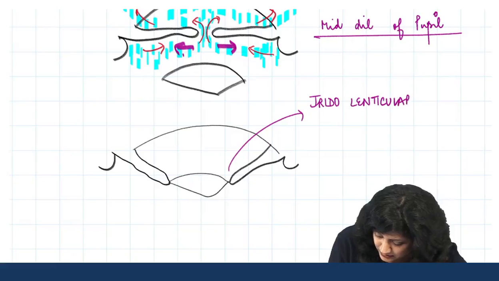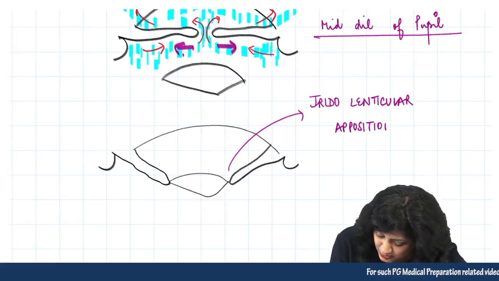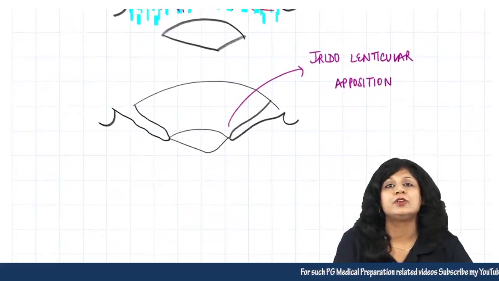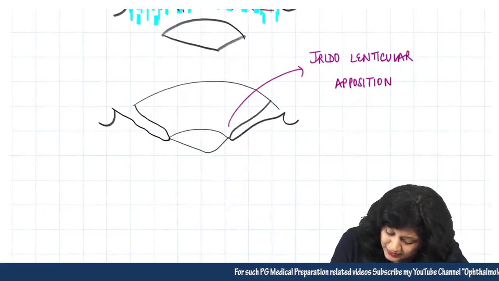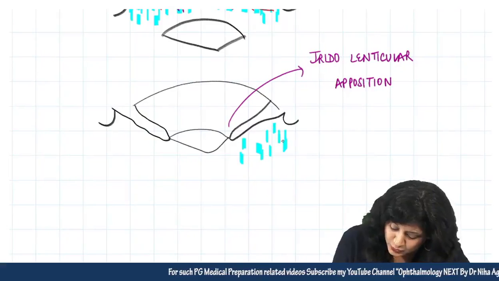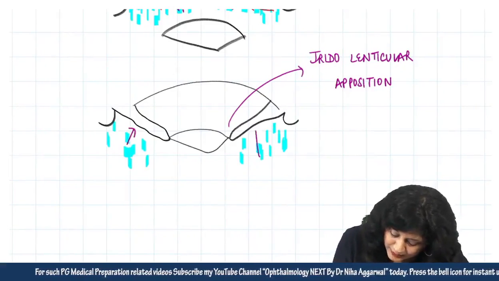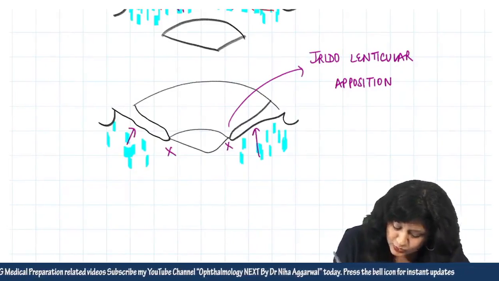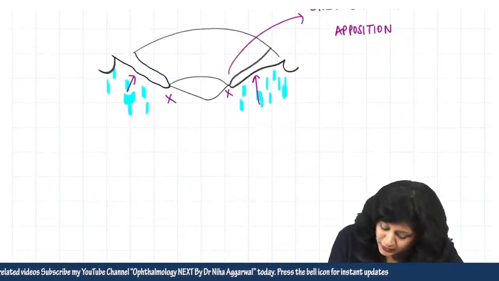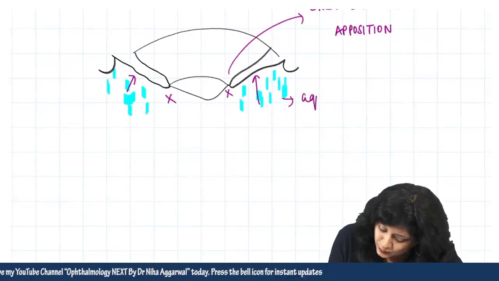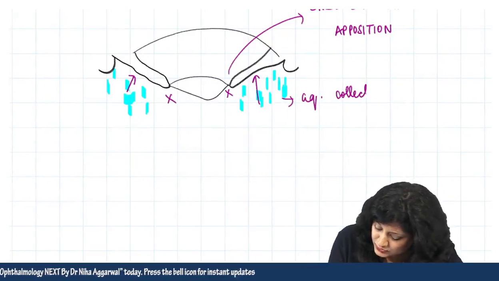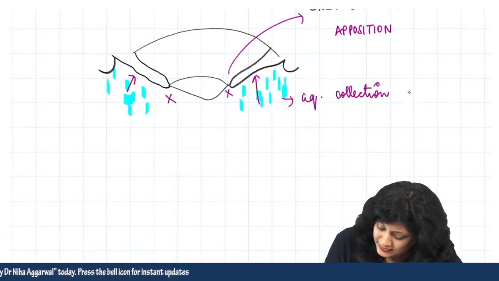This is called iridolenticular apposition. Now, whatever aqueous humor is released from the ciliary body will not be able to pass into the anterior chamber. So there will be aqueous collection behind the iris.